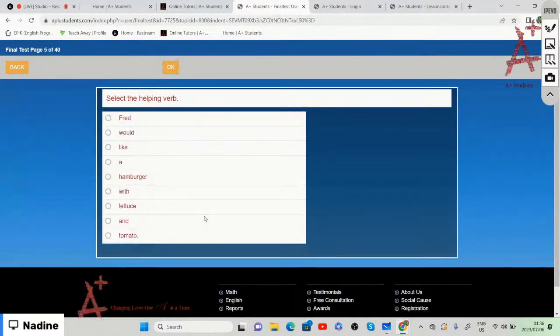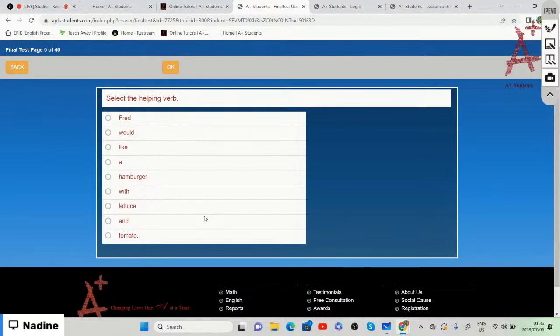All right, the next one says Fred would like a hamburger with lettuce and tomato. We need to select the helping verb. Or you can first select the main verb and then you can select the helping verb.